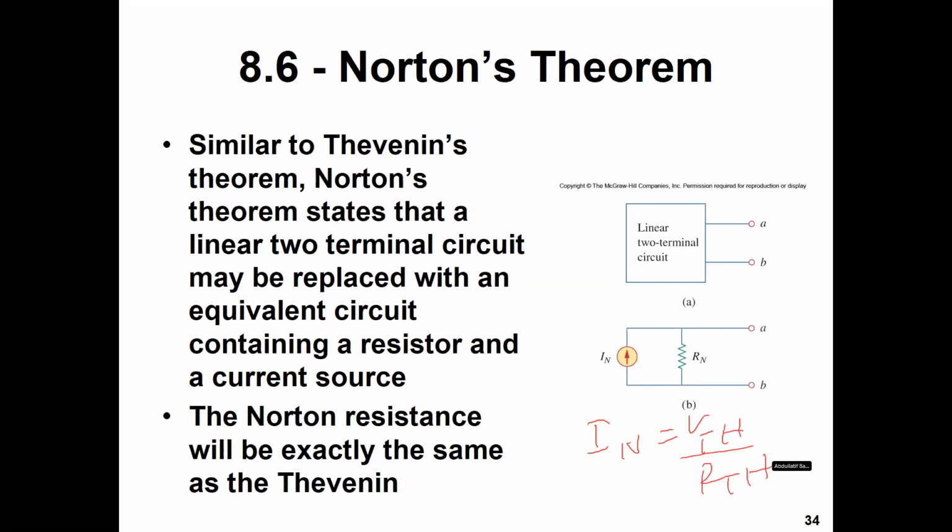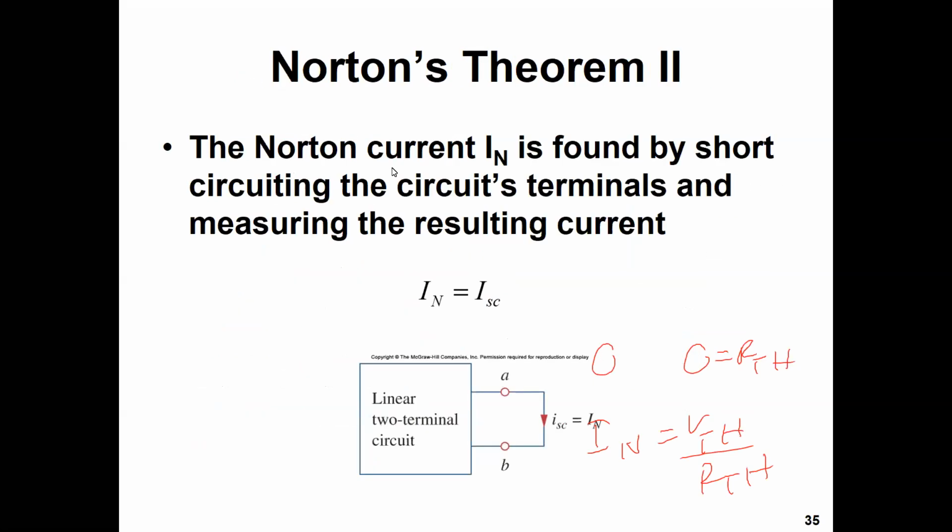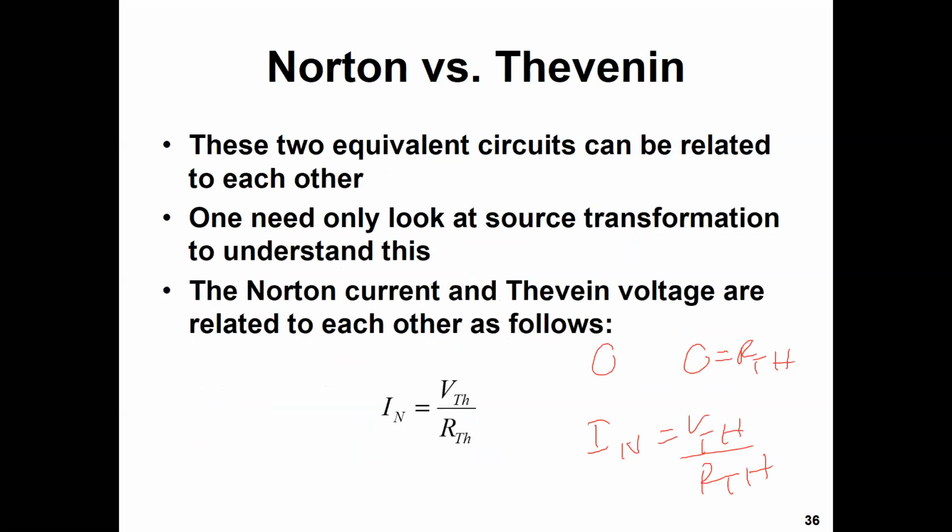Basically, if you find VTH, you will be able to find IN, and RN is the same as RTH because they are equivalent. IN is equal to VTH over RTH.